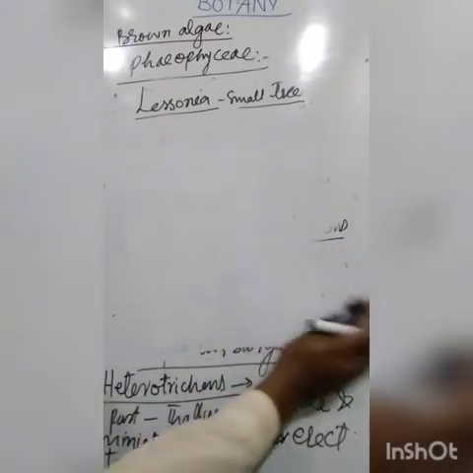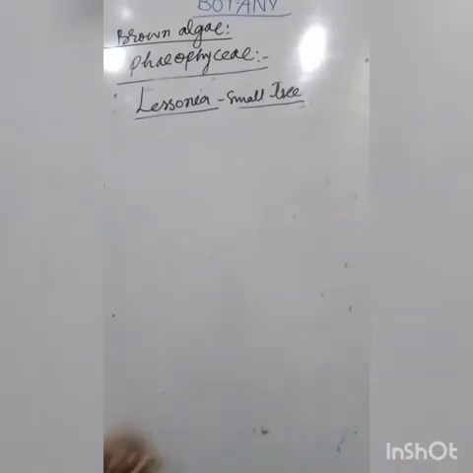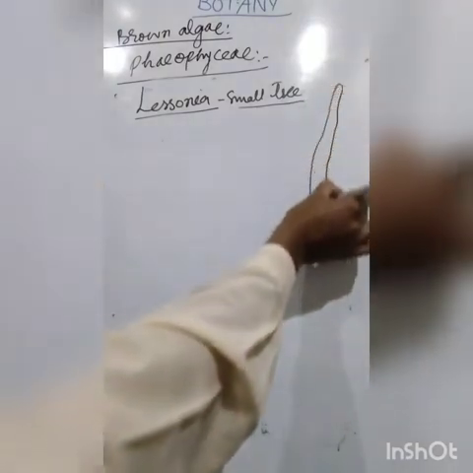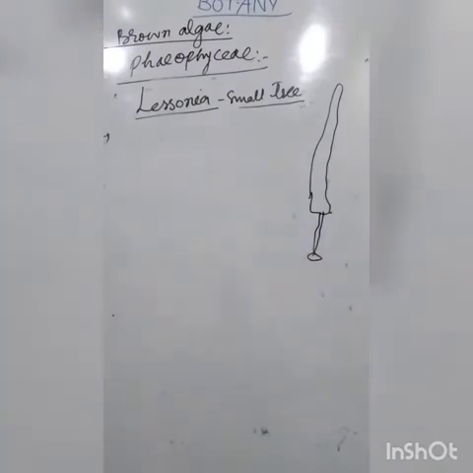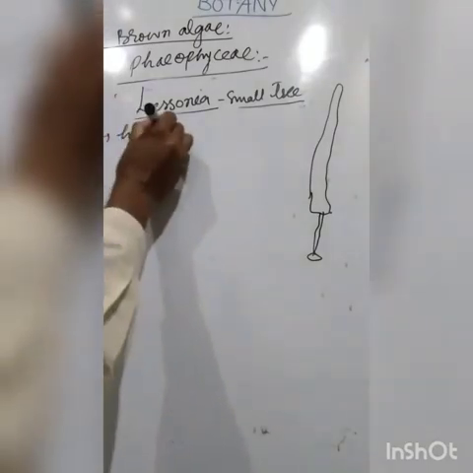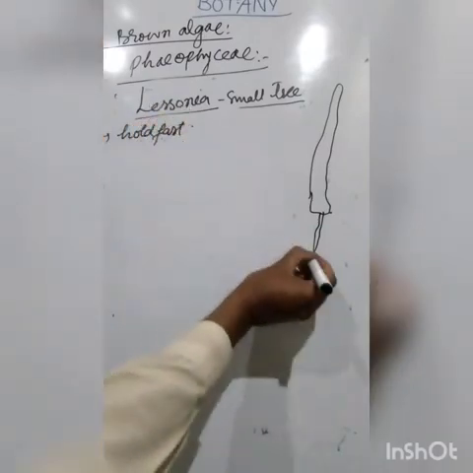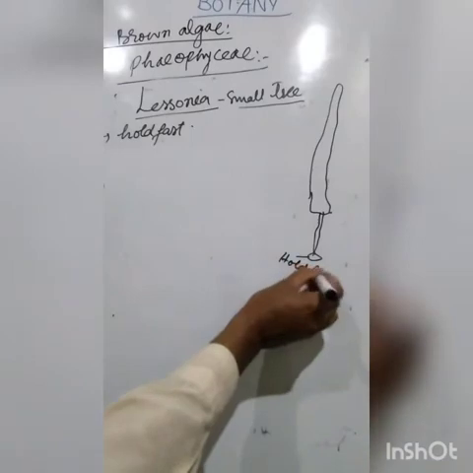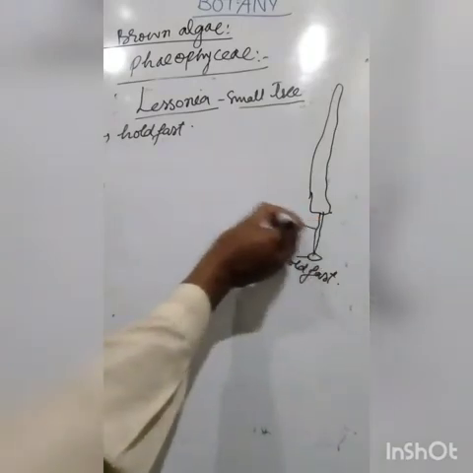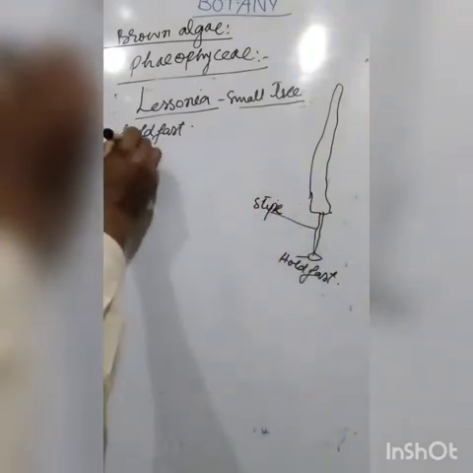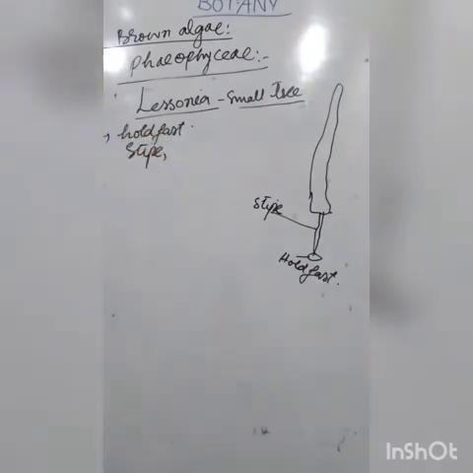Their plant body is highly differentiated. There is the basal part that is called the holdfast, attached to the substratum or rock, and there is an erect tubular stem-like structure that is called the stipe.